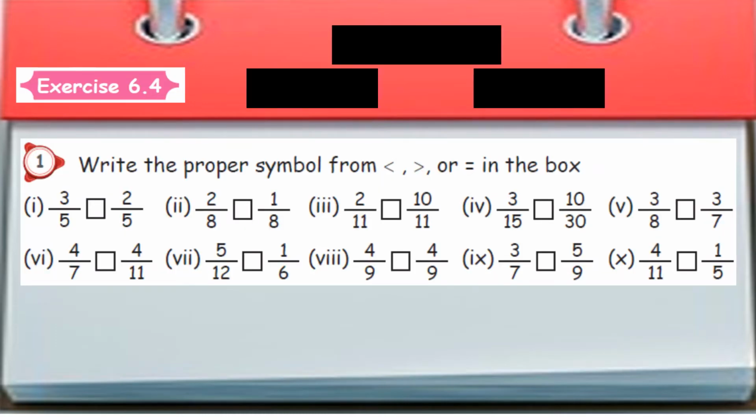Exercise 6.4, first question. Write the proper symbol from the symbols given in the box. Here we have different fractions that we are going to compare, which is greater or which is lesser. Before that, we must know about the symbols. Anyway, we have already known about this. Just have a glance.